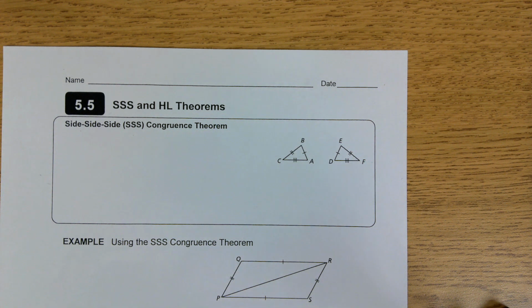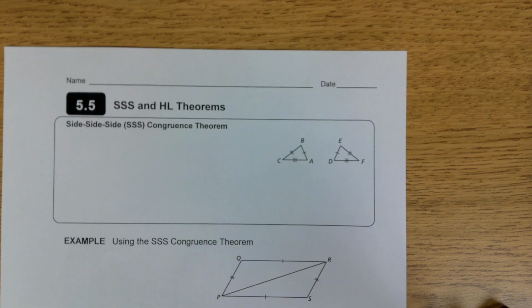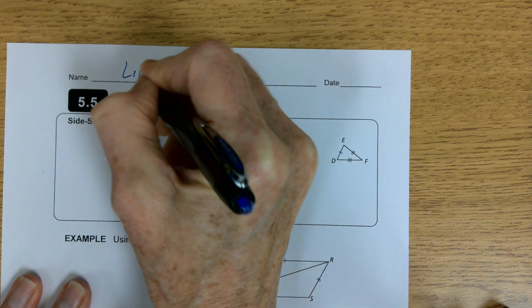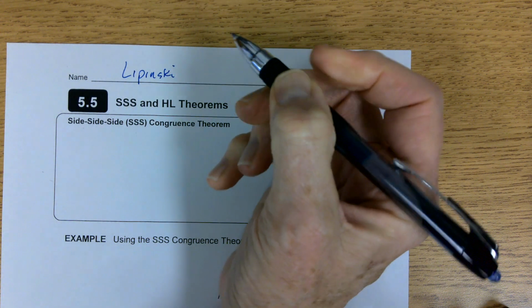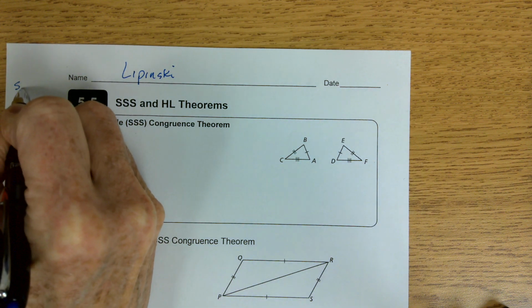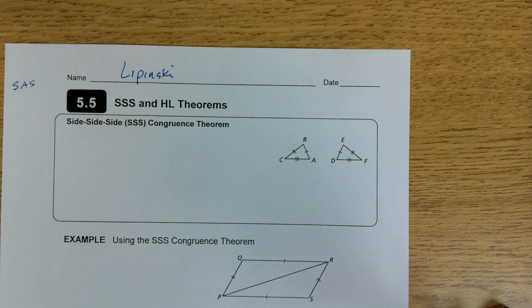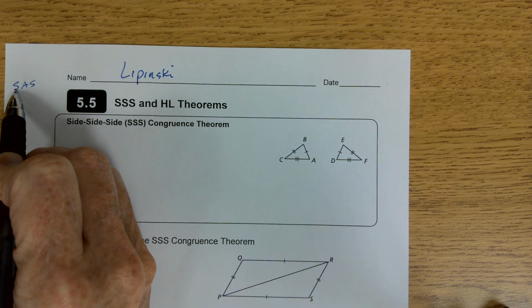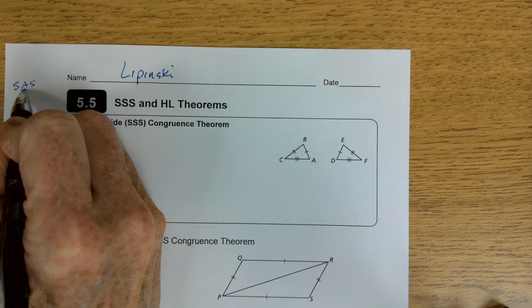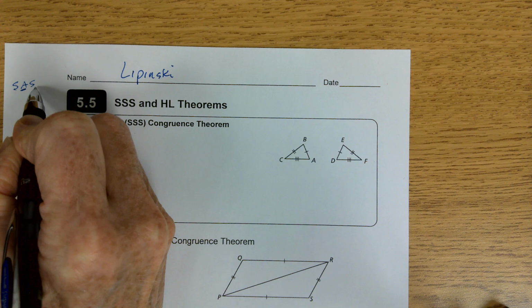Okay guys, we're going to talk about two more theorems to use to prove that triangles are congruent. Right now, all that I have to prove triangles are congruent is the side angle side theorem, which is one pair of sides, the included pair of angles, and another pair of sides.